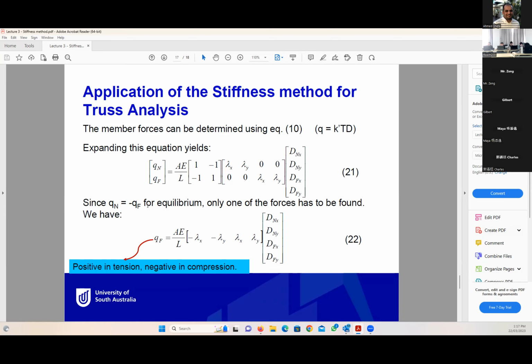In our previous example calculation, we got K, the global stiffness matrix for the whole structure, which can be divided into four matrices: K11, K12, K21, K22.